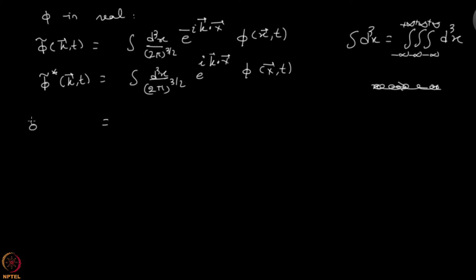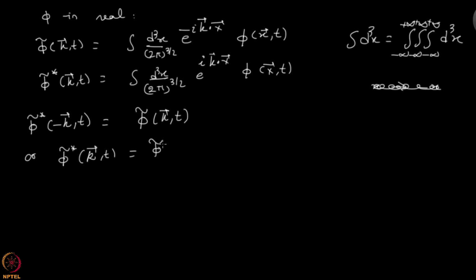So I get phi tilde star of minus k t, and you get a minus sign here, which makes the phi tilde of k t. Or phi tilde star, I'm just changing minus k to k here, and that will make phi tilde of minus k t.